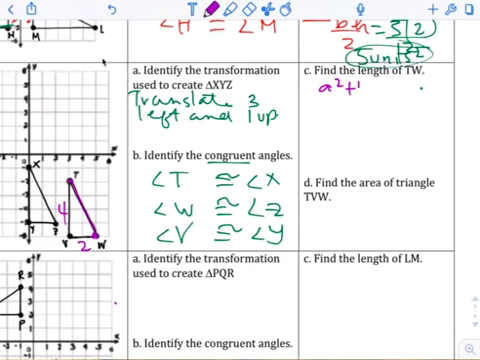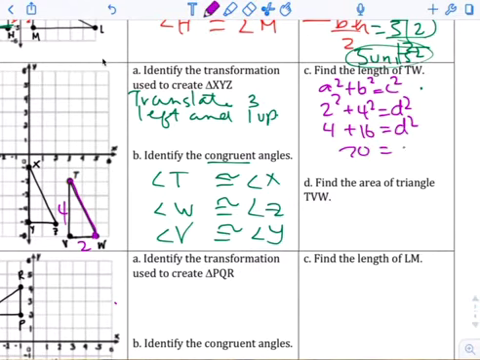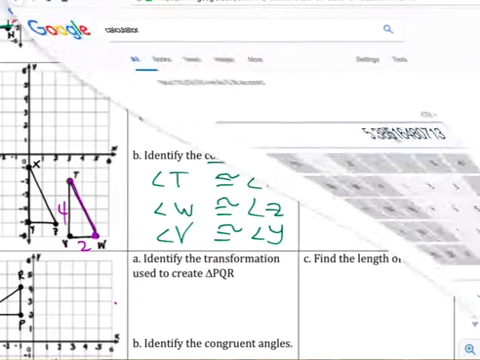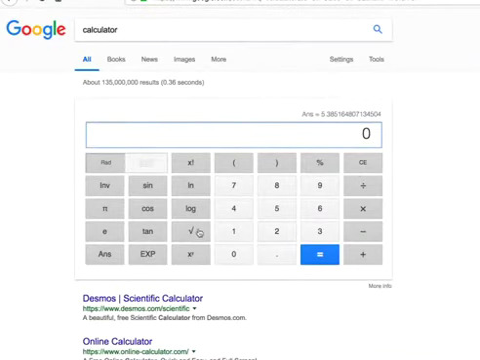A squared plus B squared equals C squared, or diagonal squared. 2 squared plus 4 squared equals the diagonal squared. 4 plus 16, 20 equals the diagonal squared. Square root of 20, use your calculator. 4.47, that's a 2, so the 7 stays the same. 4.47.